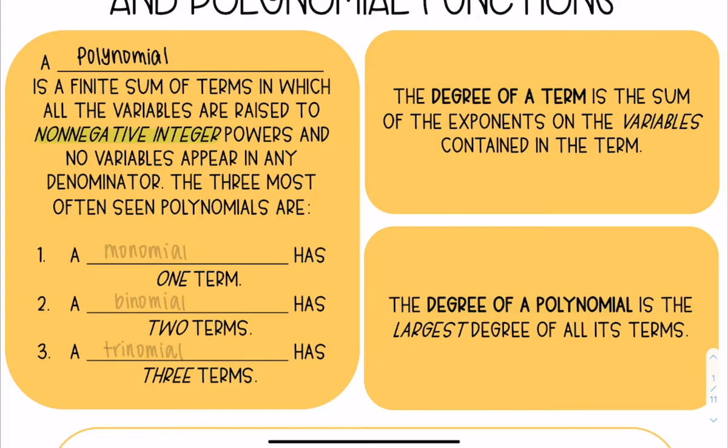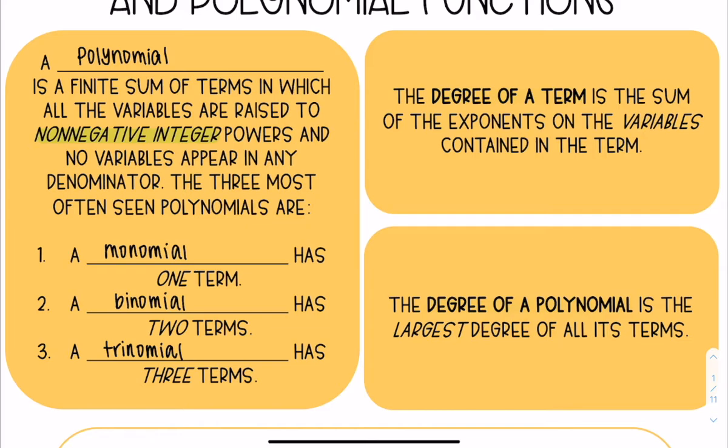The three most often seen polynomials are a monomial, which has one term, a binomial, which has two terms, and a trinomial that has three terms.